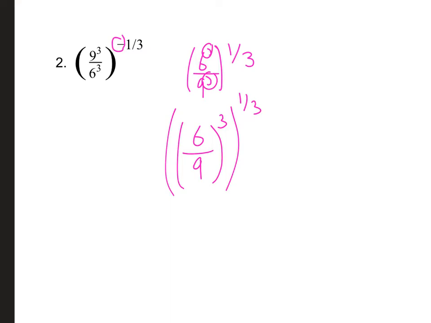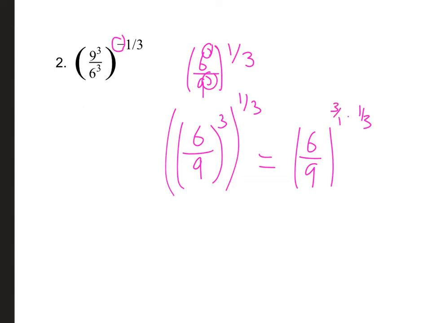And now it just becomes layers of exponents, what we've been talking about, right? So then I can say, okay, well, I just really have 6 over 9 to the third power times 1/3. And again, I'm going to come here and rewrite this as a fraction just to make it easier on myself, 3 over 1.